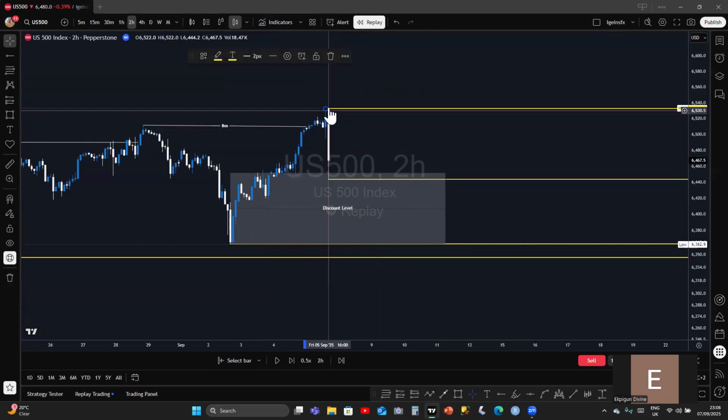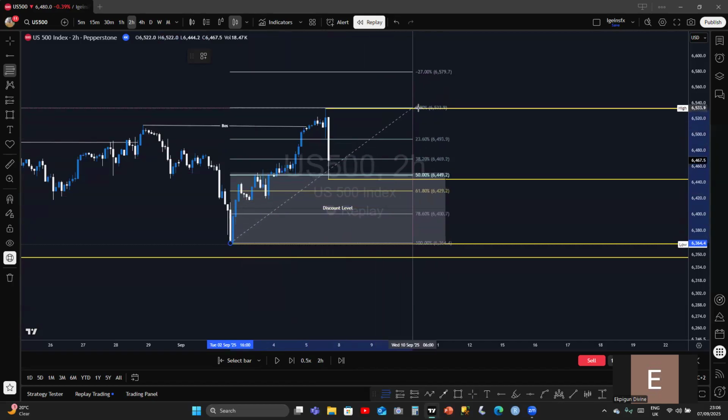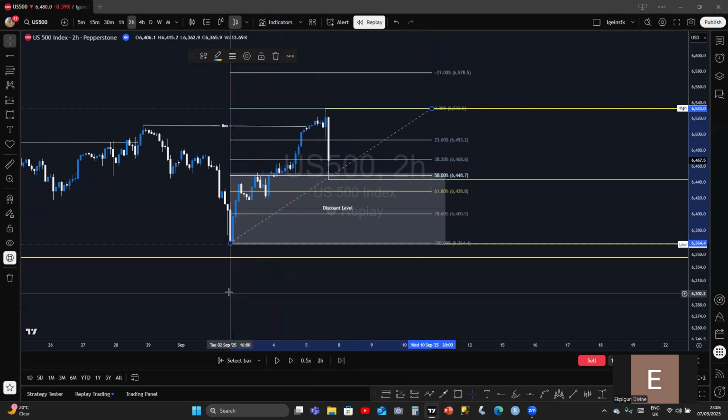You can see it has now started pushing down. So by the time you notice that there's a retracement, you can bring your Fibonacci retracement to plot it to the upside, drag it like this, and drop it.